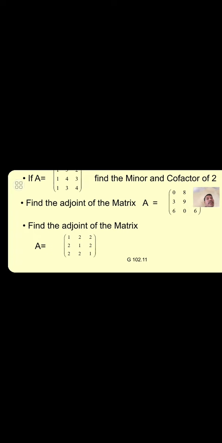Next, find the adjoint of the matrix A equals matrix 1 2 2, 2 1 2, 2 2 1.